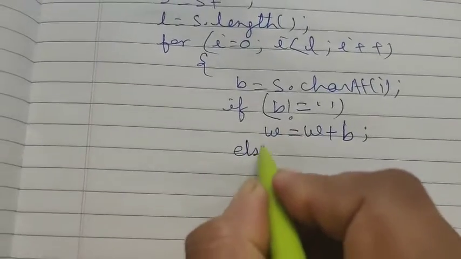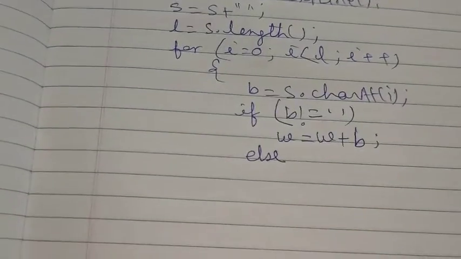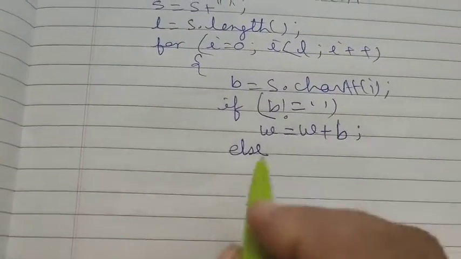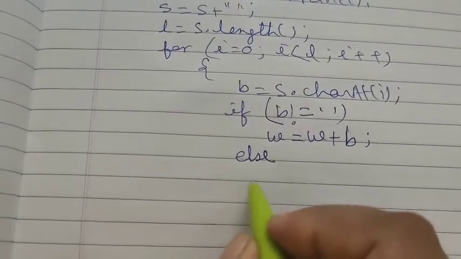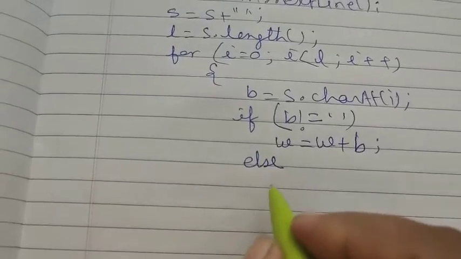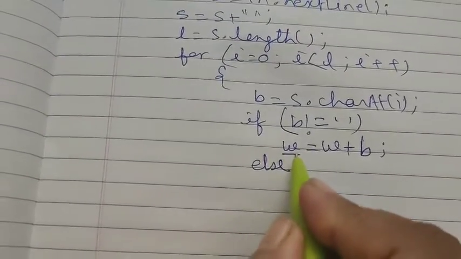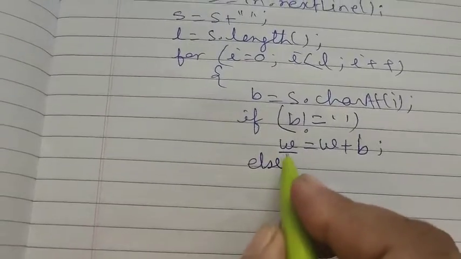After that, in the else part, when that word is totally extracted and I get a space, I come to the else part, and there I have to find the first character of this word w.